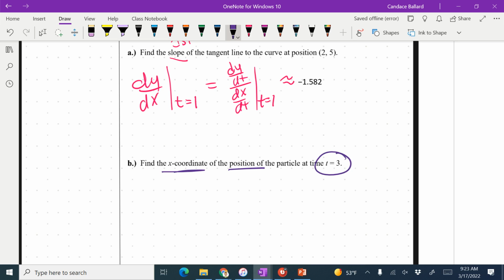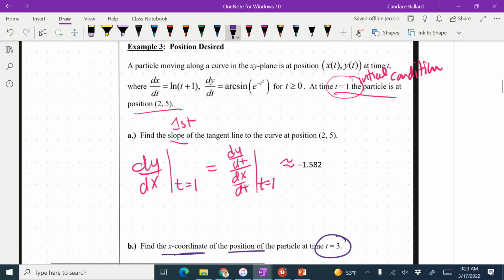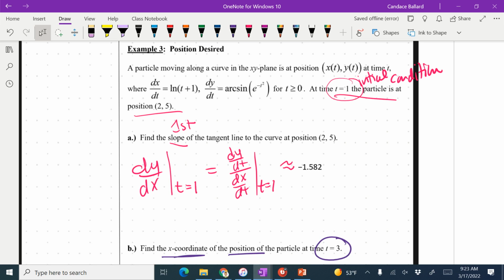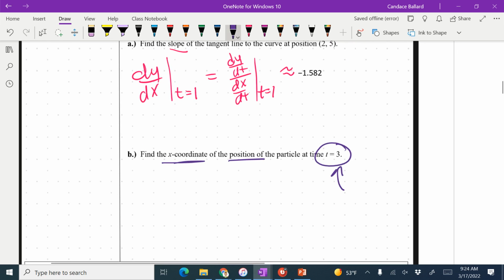Where is it want that position at what time? 3, okay. But remember you told me yesterday, what did we have to begin with? And that we always have to be careful of when we're talking about position. An initial condition, okay? So this one's a little bit weird and tricky because of it being parametric. When we do our integration, we're going to start here and go to here, okay?